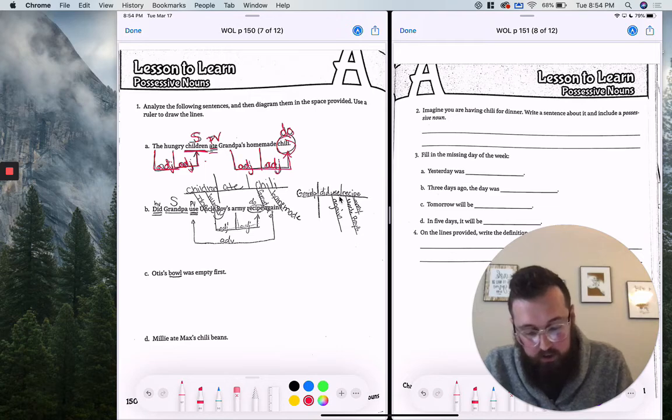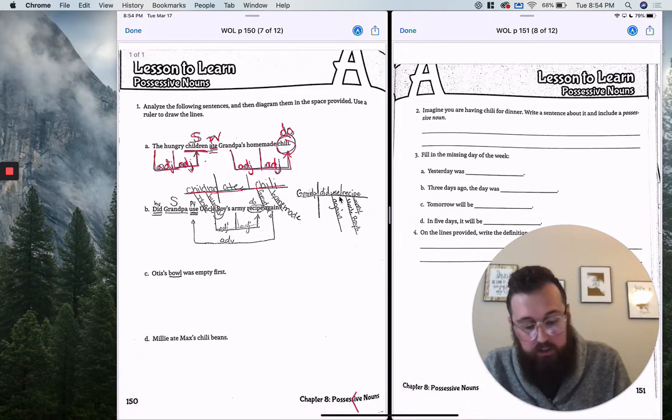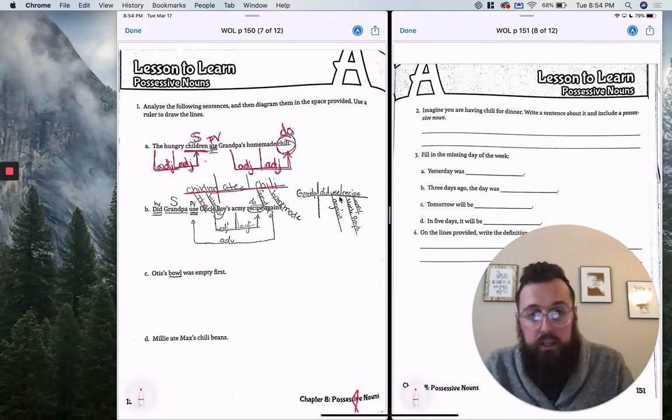And then diagramming that, children ate chili. And on this one, because I'm not describing any possessive nouns, we're just going to diagram this.